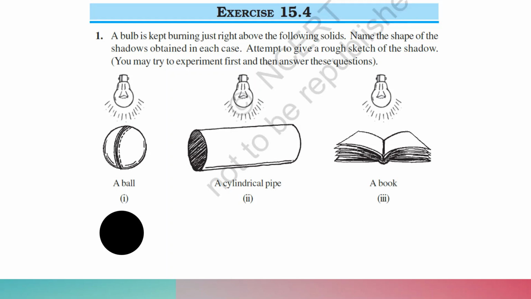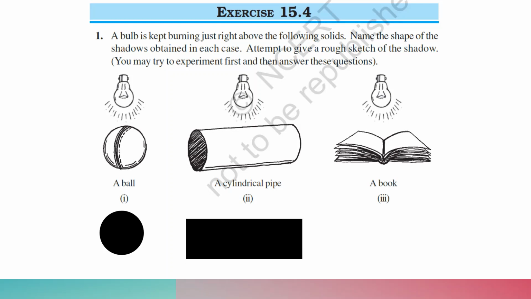You can try it at your home and you will find that the shadow of the cylinder in this case is in the form of a rectangle. So this is how the shadow differs when the light is projected on a solid from different faces or from different angles.